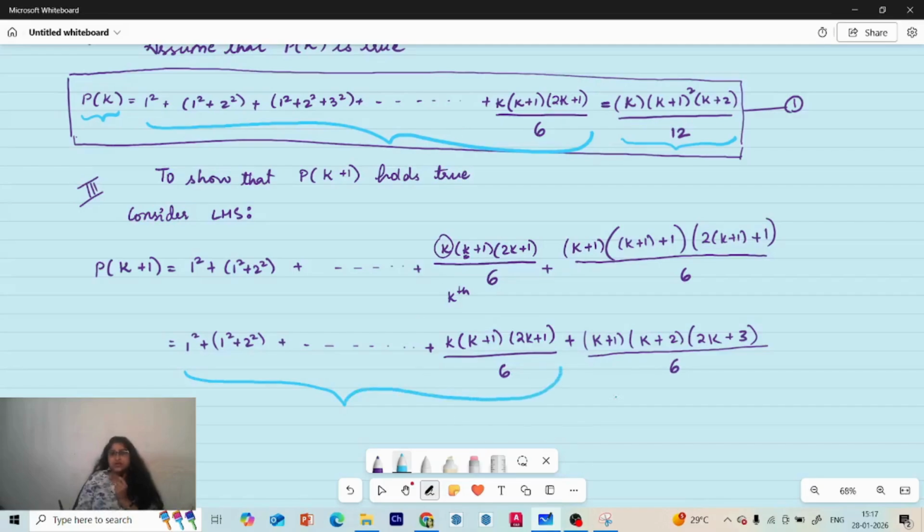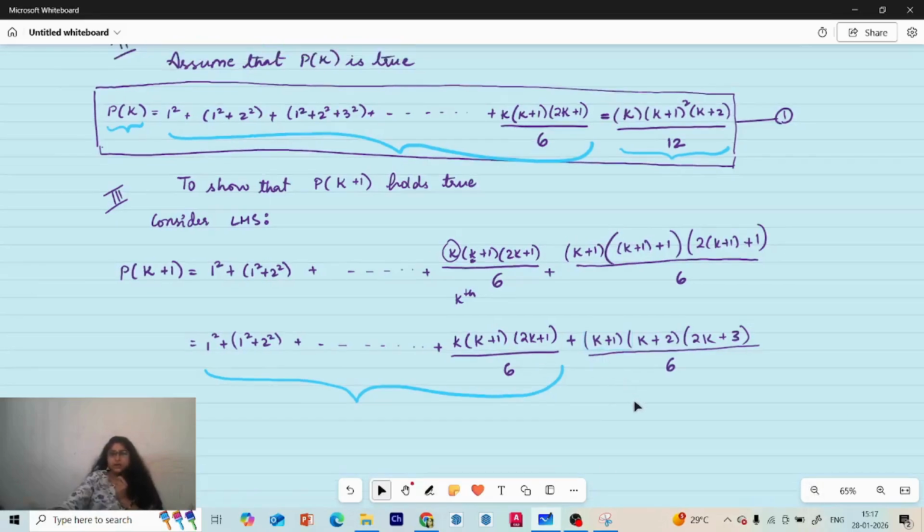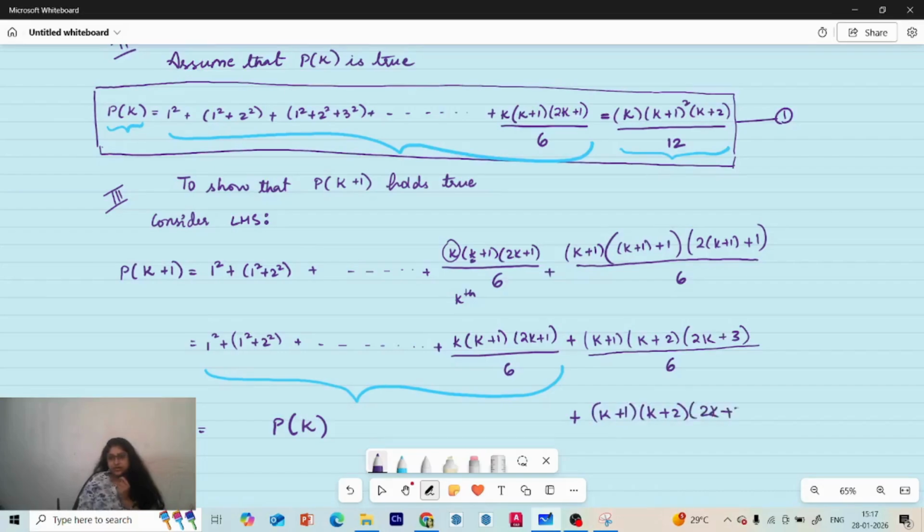From equation 1 అదేగా తెలుస్తుంది మనకి. ఓకే, సో ఐఎమ్ గోయింగ్ టు రీప్లేస్ దిస్ వాల్యూ. ఐఎమ్ గోయింగ్ టు రీప్లేస్ దిస్ విత్ జస్ట్ p of k ప్లస్ దిస్ టర్మ్ k plus 1 into k plus 2 into 2k plus 3 by 6.